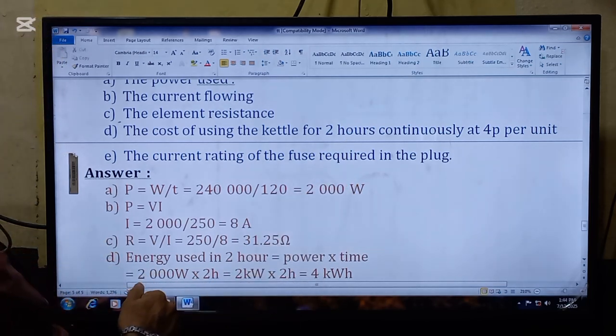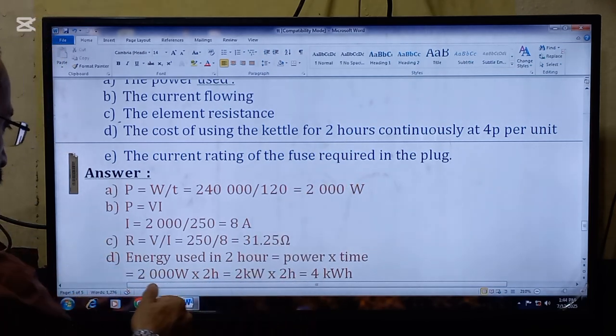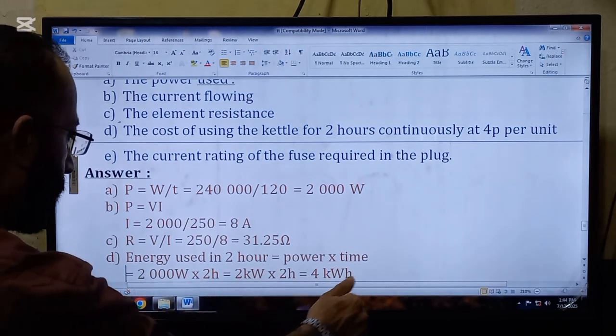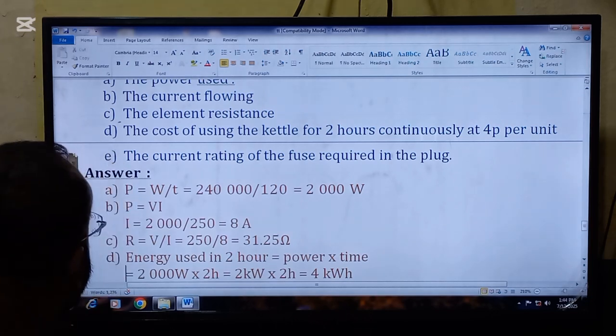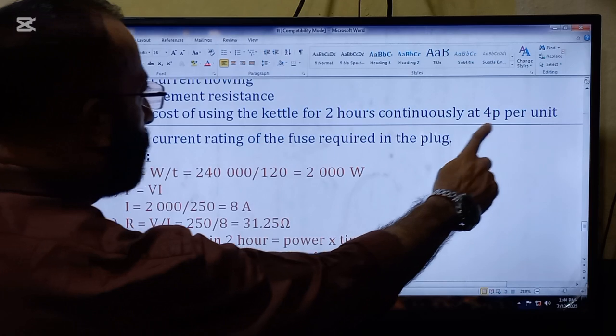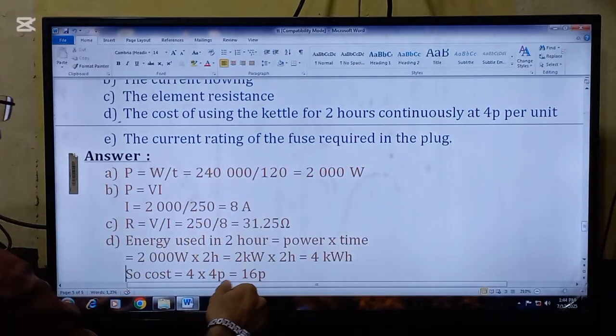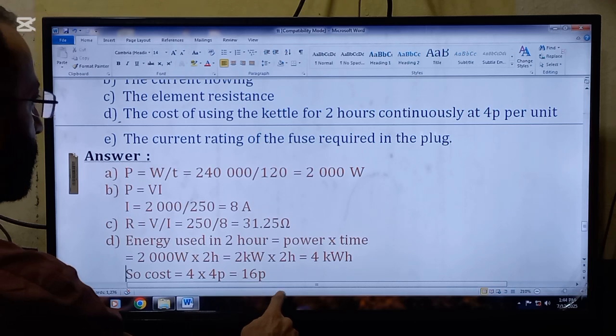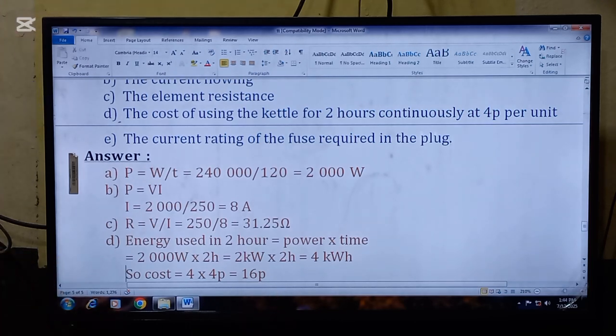This gives 4 because 1000 is kilo, so 2 twos are 4. So 4 kilowatt hour. Because the price is 4 pence per unit, we will multiply 4 with this 4. So 4 into 4 will be 16 pence.